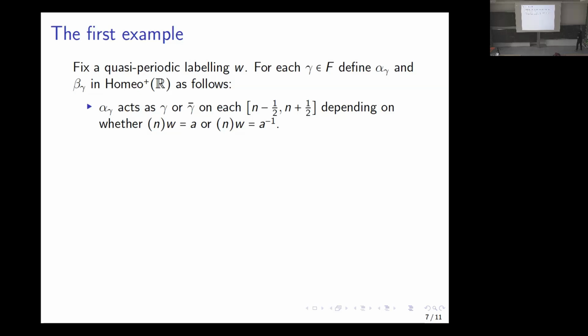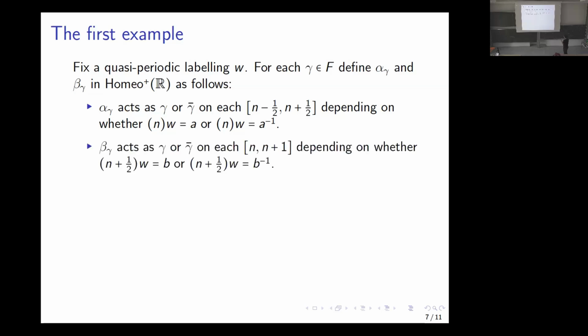Above the other inverse, it should also do the opposite. So alpha gamma fixes the non-integer multiples of a half. So it just does gamma or gamma flip, depending on whether it was an A or an A inverse on each interval like that. And beta gamma is much the same, but for the B's and offset.